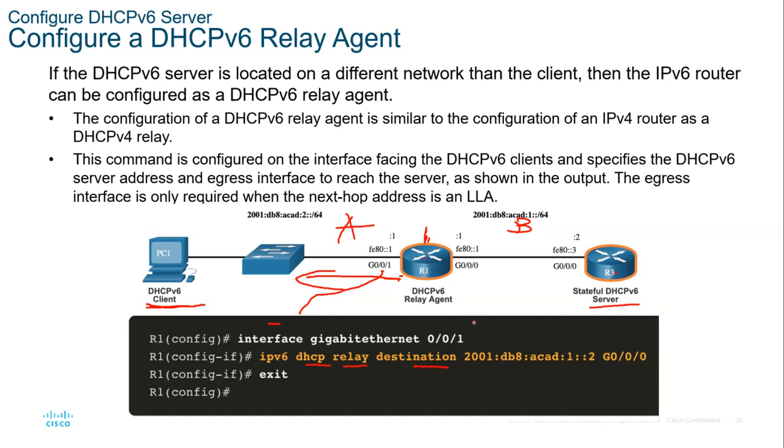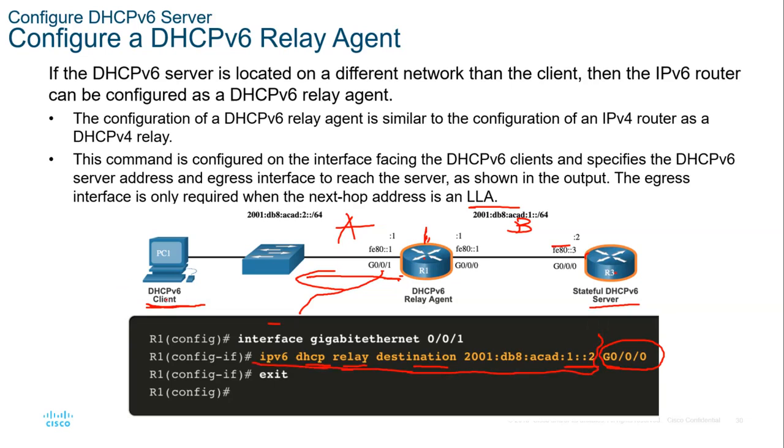Now, where is our DHCPv6 server? It's on this interface here. So it is 2001:db8:acad:1::2, which is this. You can even go ahead and put the interface, but ideally this is enough.